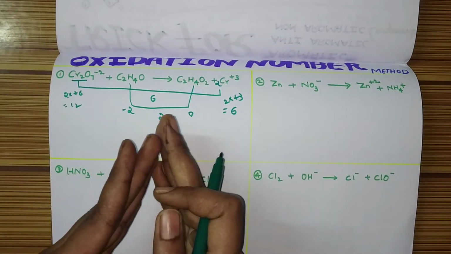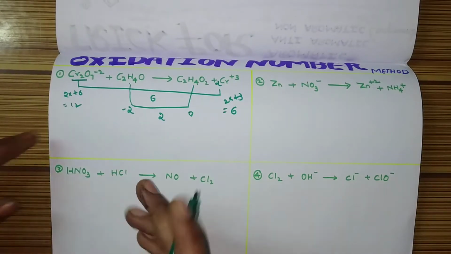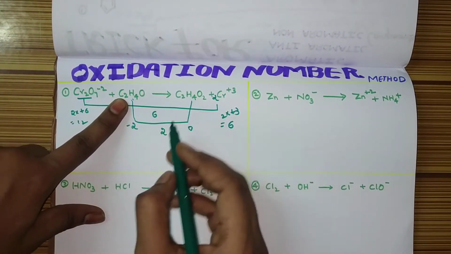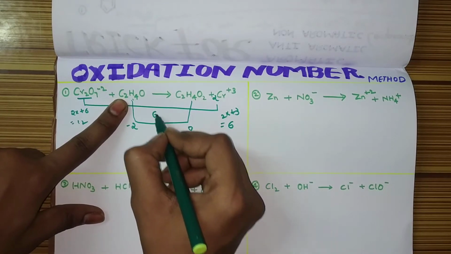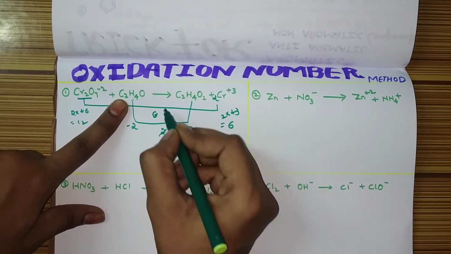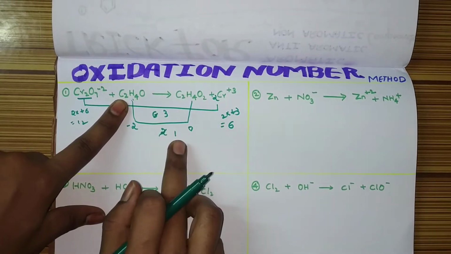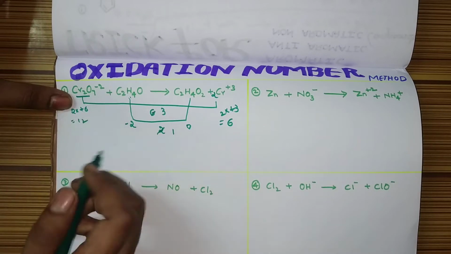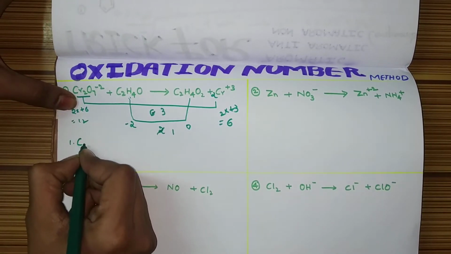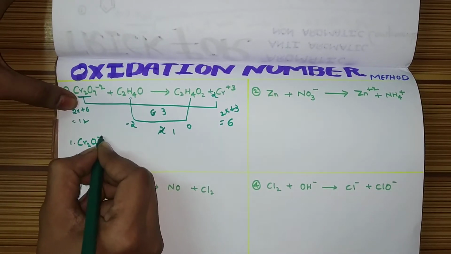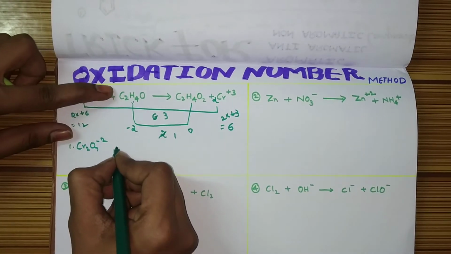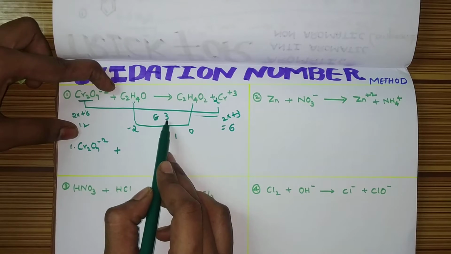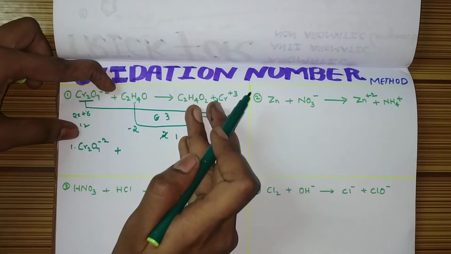So multiply the difference with the other reaction. For this reaction 2 is the difference. First take the small ratio, 2 ones, 2 threes, so 1 and 3. For this, 1 is the difference, so multiply that 1 with this reaction: 1 into Cr2O7 2-. For the other reaction 3 is the difference, so multiply 3 with it.